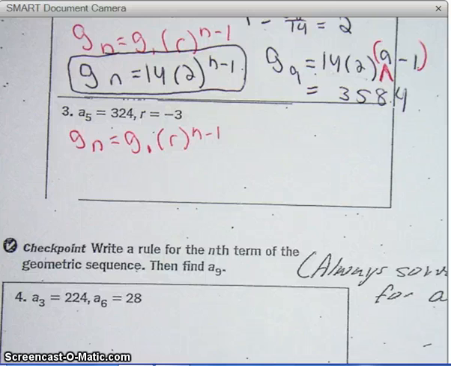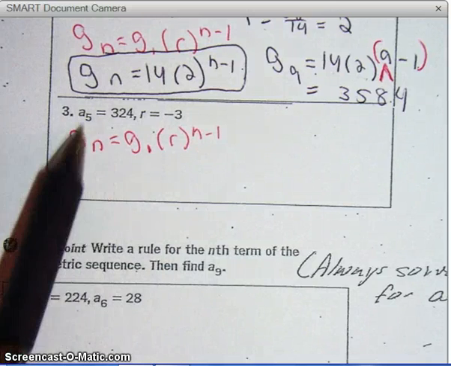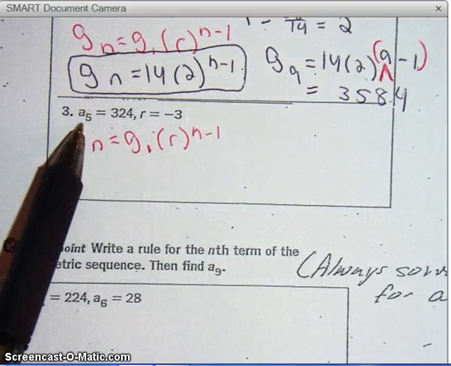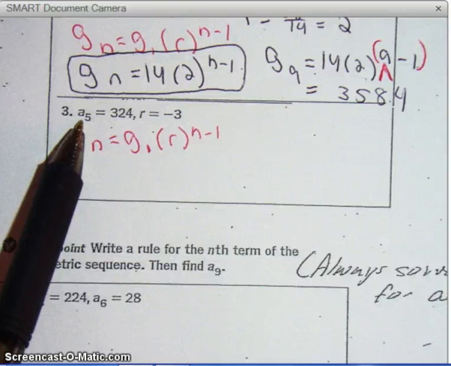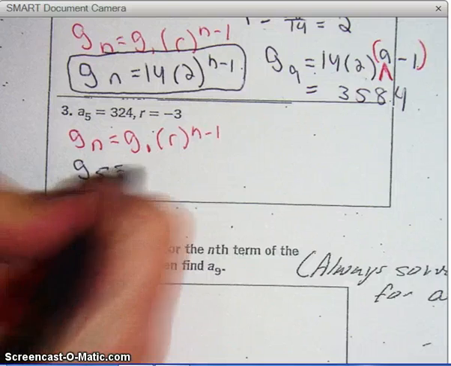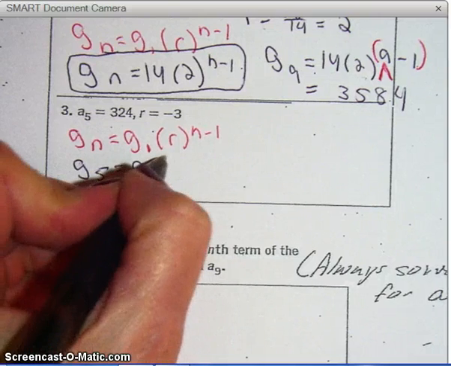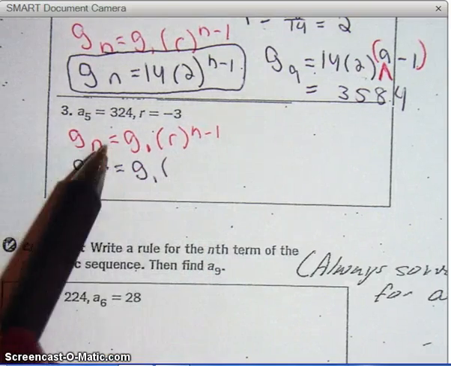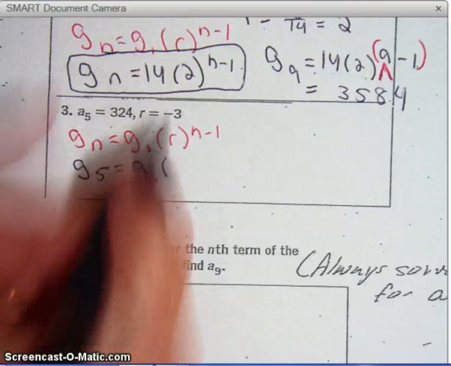Number 3, G sub n equals G sub 1 times R to the n minus 1. You guys do not have to write that every time. Now, they don't give us G sub 1. All they give us is G sub 5. So I guess we're going to have to use G sub 5. Right, guys? They do give us R as negative 3.